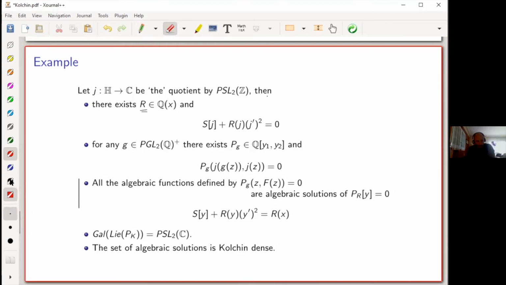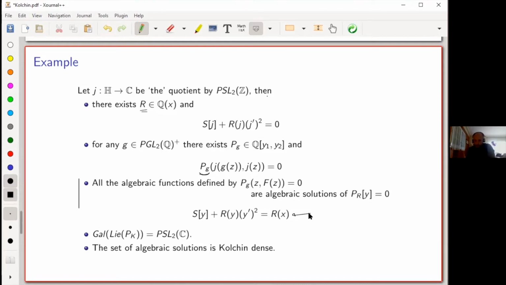And then you have this differential equation here. And you want to understand the algebraic solution. And what I'm saying is that if you build this polynomial here from a G in this group, I don't know how to compute this polynomial, but it exists. And then you take the algebraic function defined by this polynomial, then there are algebraic solutions of this equation.